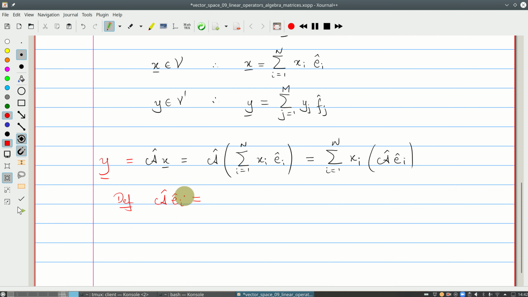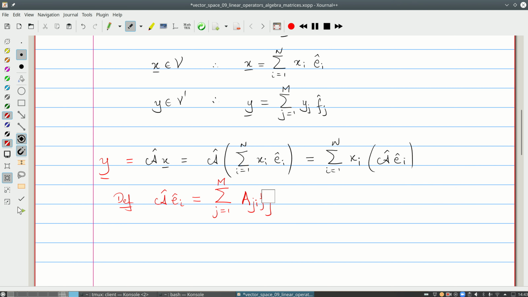I'm going to call these coefficients a, and I need to give it a subscript. That subscript should depend on i, because there's an i on the left hand side, and should also depend on j, because there's a j on the right hand side under the dummy sum. Now I'm going to make a choice. This choice is going to have the j coming first and then the i. You'll see why later. Okay, so this is the definition.